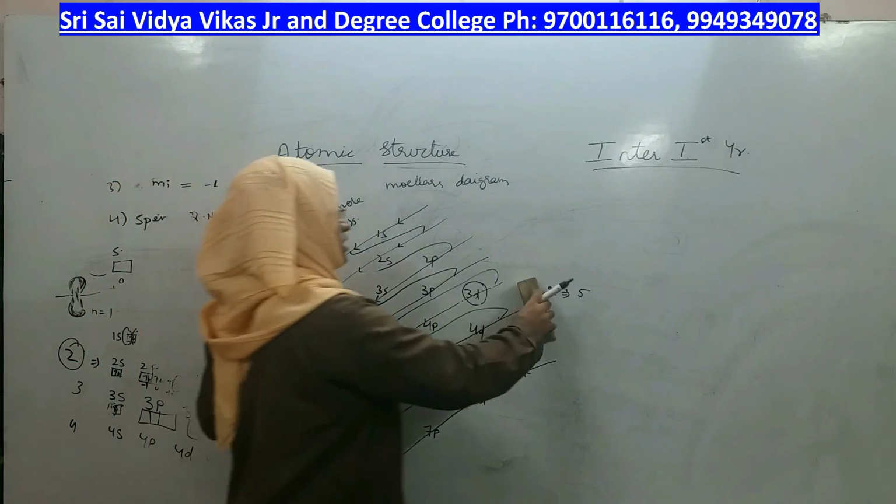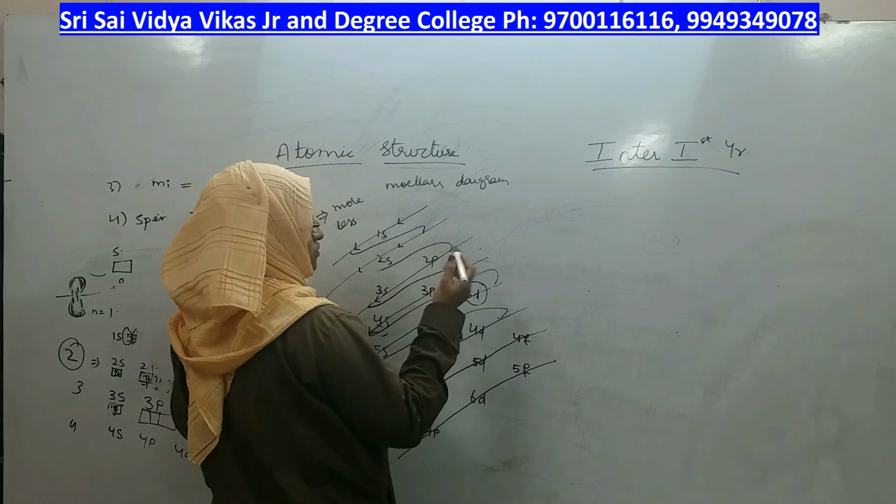Let us write the increasing order of energy of all the orbitals.